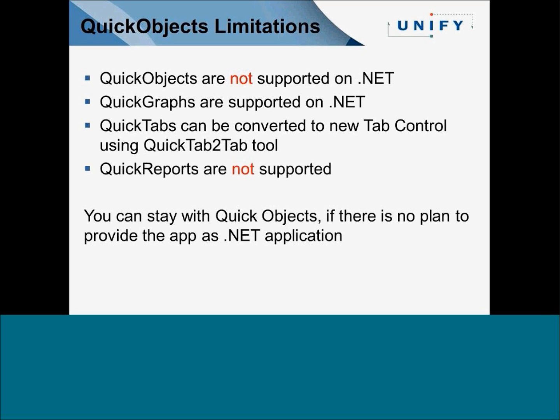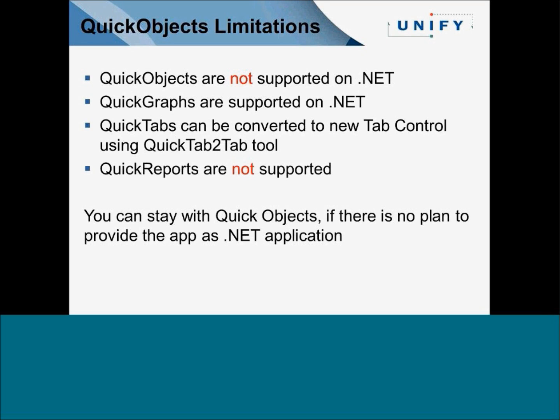Like if you use quick tables or quick tabs and so on, then you have to convert them into a grid or a splitter technology of the grid, or you have to convert them by the quick to tab tool to convert them into the native tab control inside Team Developer. And quick reports are not supported in the .NET environment.